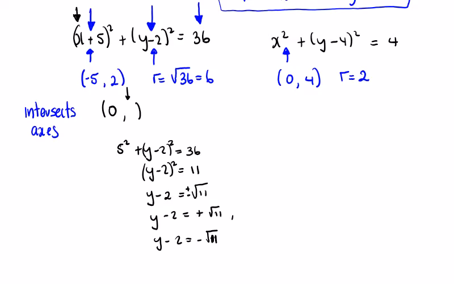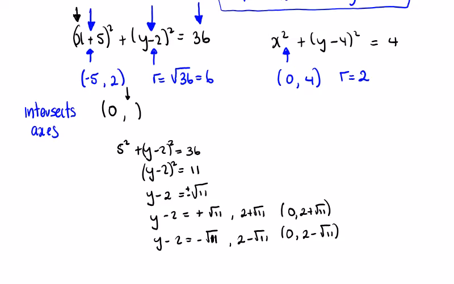So that's going to give me 2 + √11 and 2 − √11. So my points are 0 for x, 2 + √11 for y, we just leave it in surd form, and 0 for x, and 2 − √11 for y.